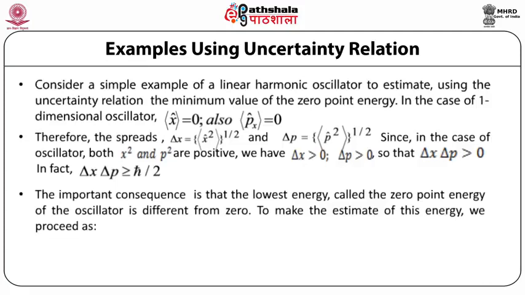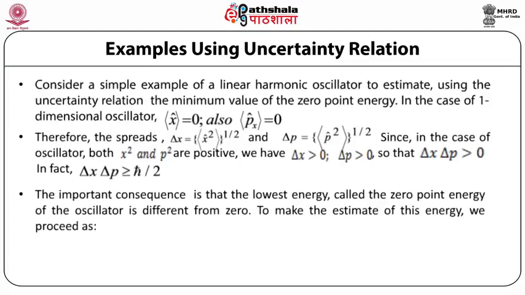Therefore, the spread Δx is equal to the square root of the expectation value of the square of the operator x, and Δp is equal to the square root of the expectation value of the square of the operator p.